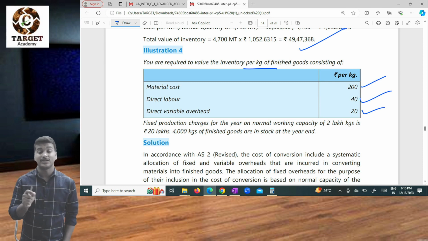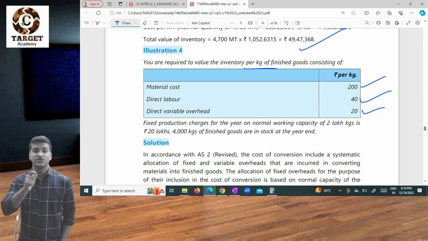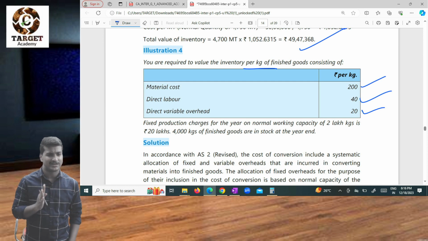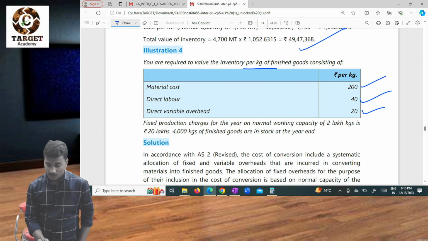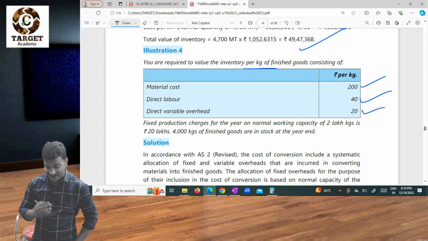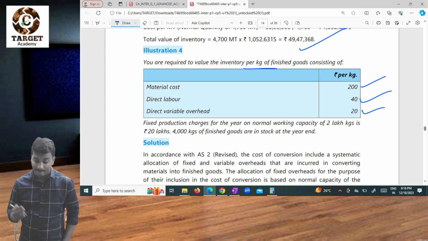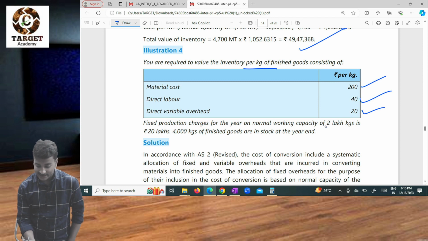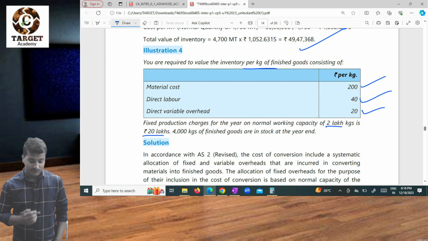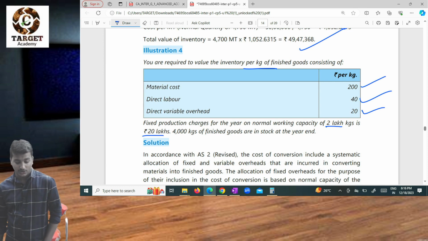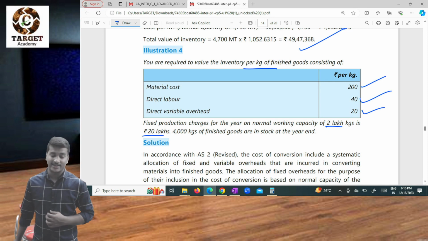Then the same thing will be discussed in your costing. I think it's already completed, right? Fixed production overhead charges for the year on normal capacity of 2 lakh kg is 20 lakhs. So 4000 kgs of finished good are in the stock at the year end.